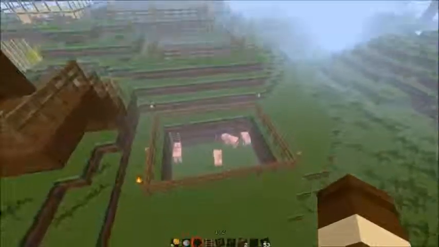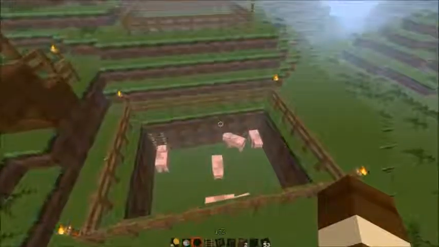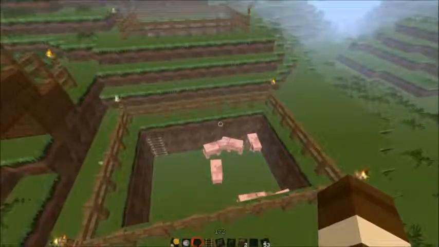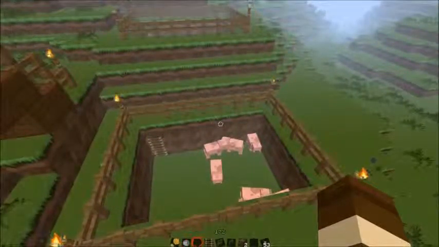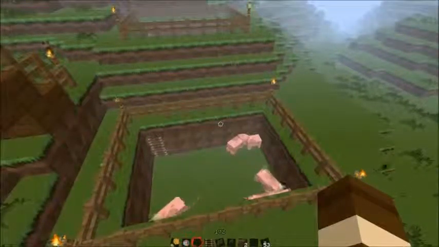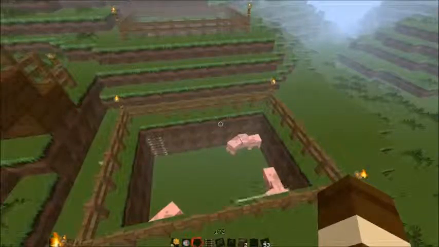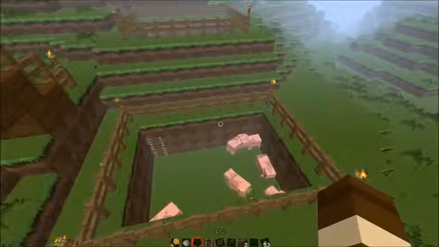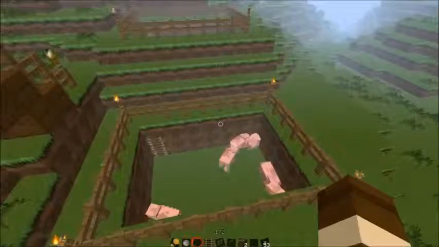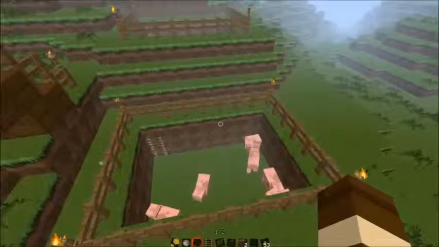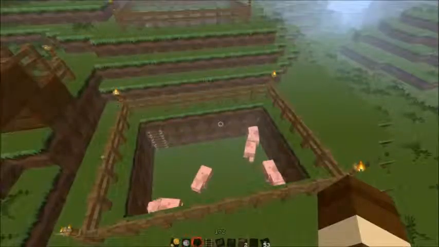And I was never having any spazzing problems with animals trying to get through the fence because they could never get up beyond the 3-block height. Now, obviously 3 blocks makes it secure.